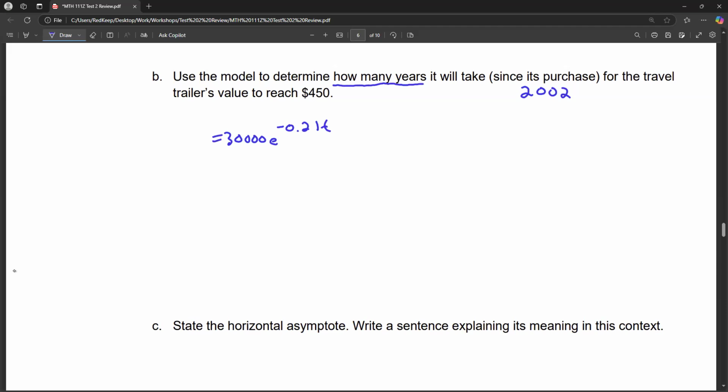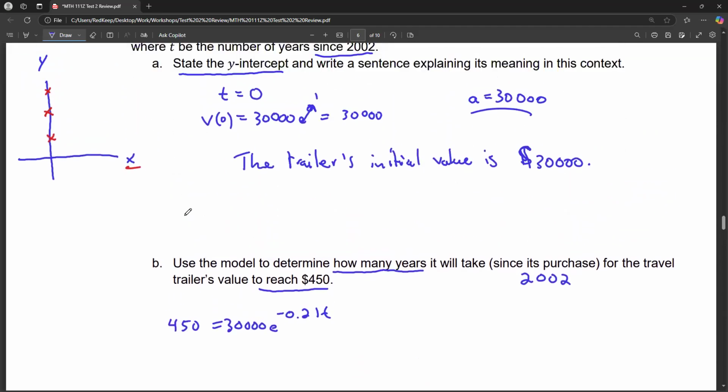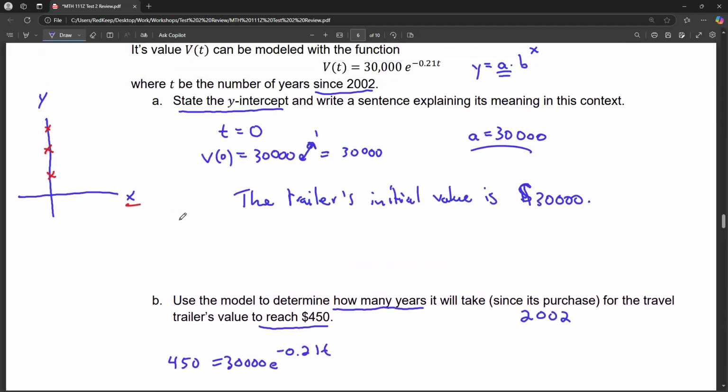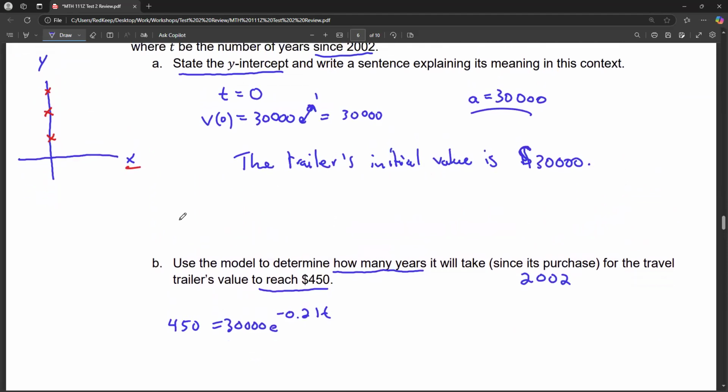And we have our A value, which I think is this, right? We want to know how long it will take to reach this 450. Let me make sure I copied down the equation correctly. I'm kind of going off of memory here. All right, that looks good. Always good to check.